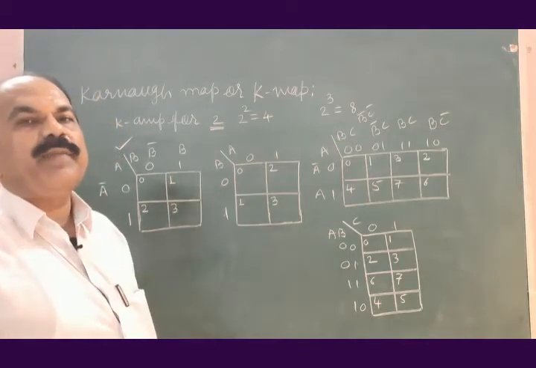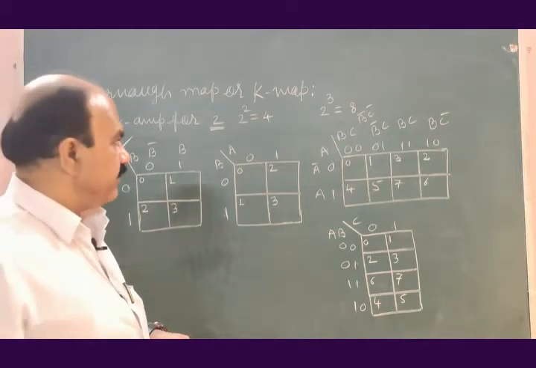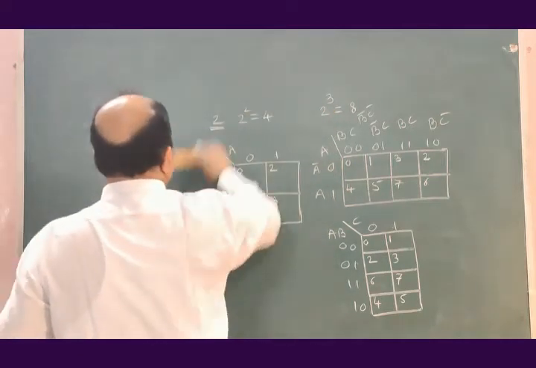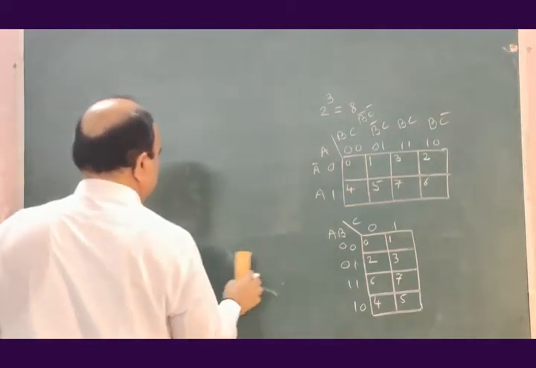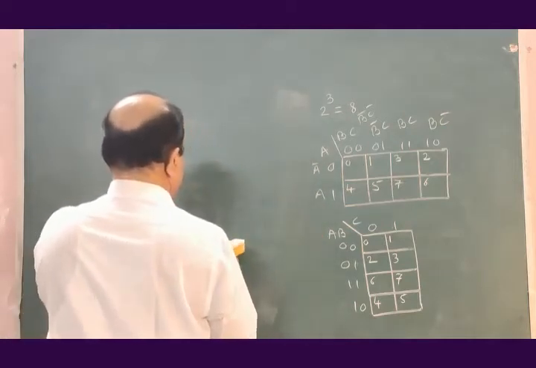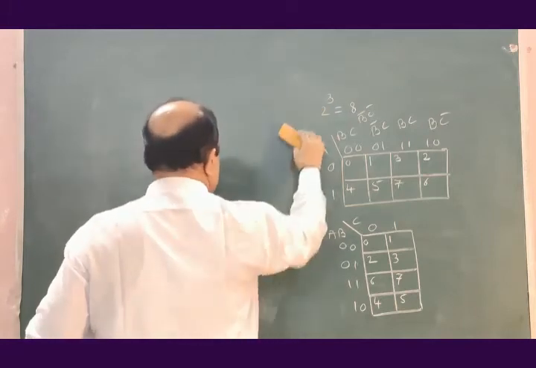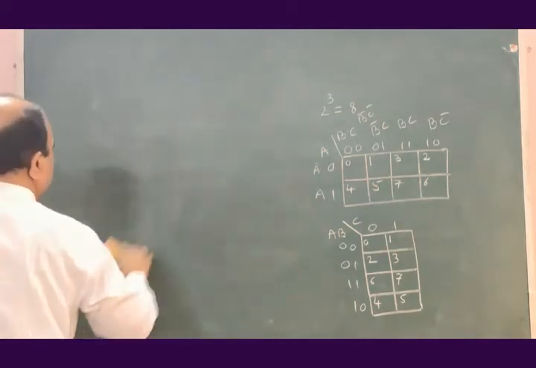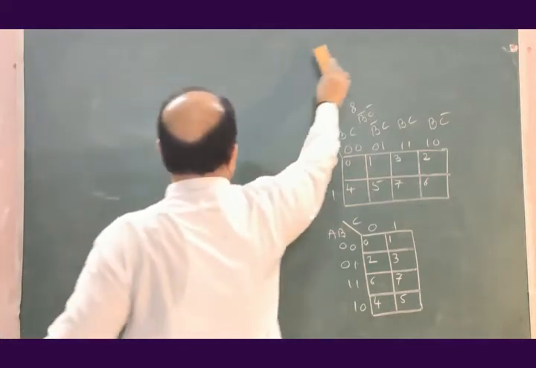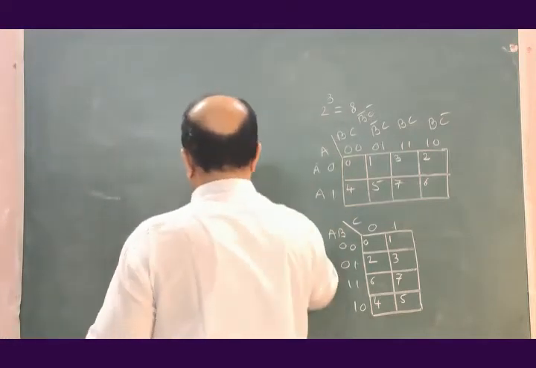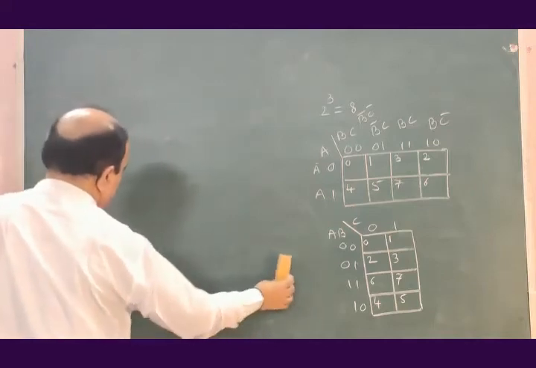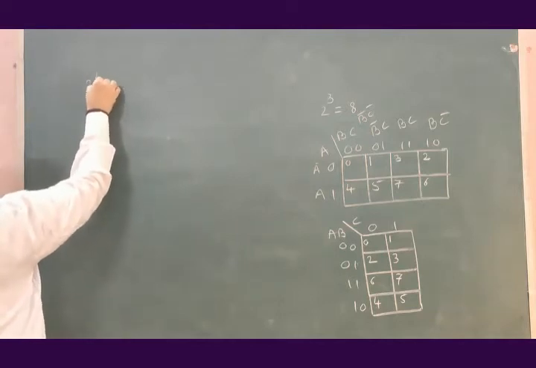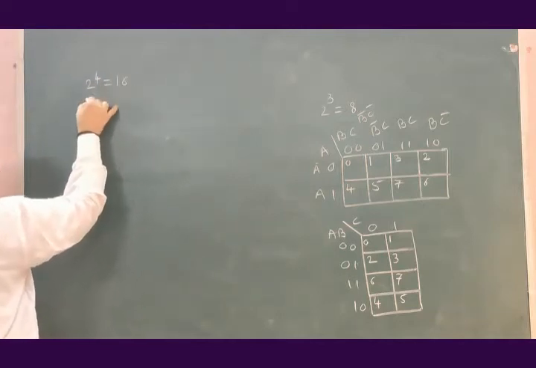Finally, let us go for K-map for four variables. It will be 2 to the power 4, that is equal to 16.